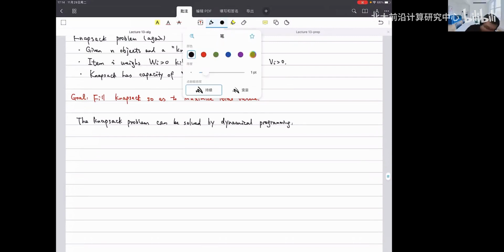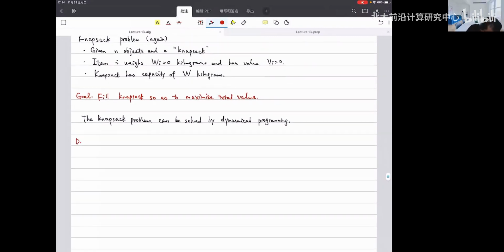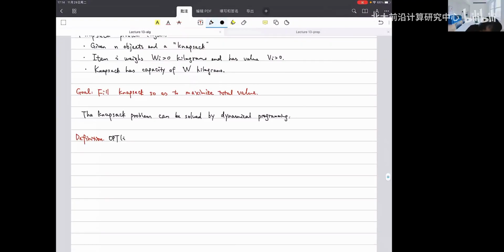We have this definition of a two-input function. We have this function OPT(i, w) to be the max profit of a subset of items from 1, 2, until i with weight limit w.